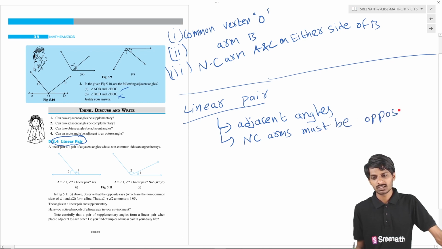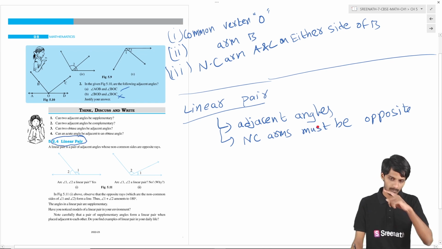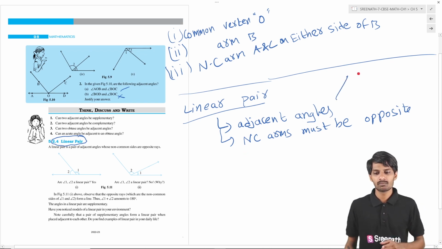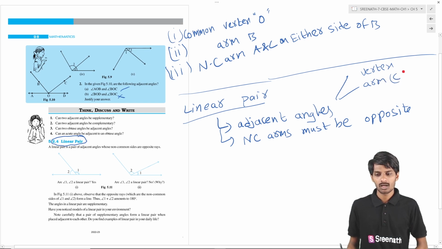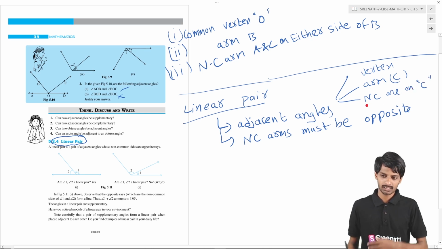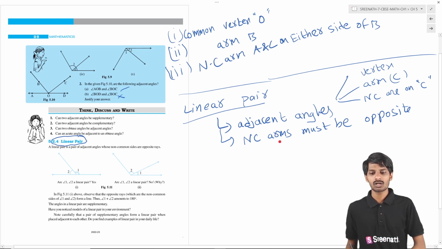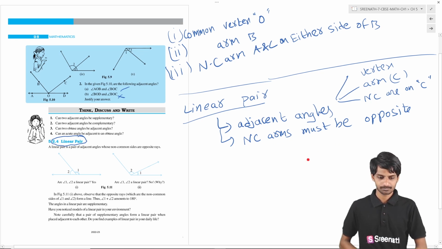Students, we know adjacent angles must have a common vertex and a common arm, and non-common arms are on either side of the common arm. So the next condition for a linear pair is that the non-common arms must be opposite.